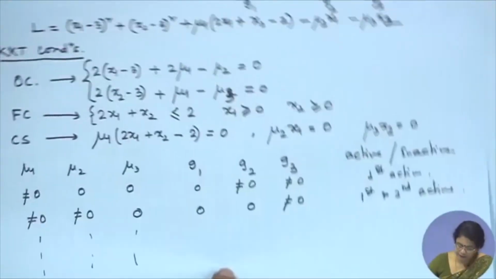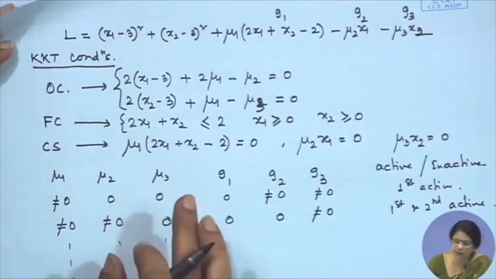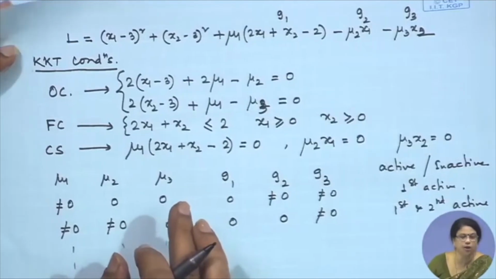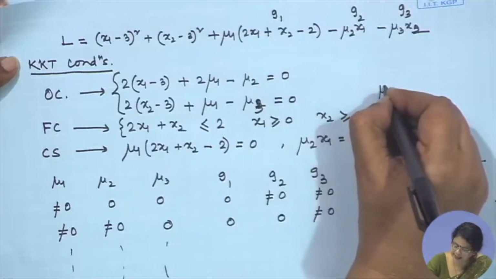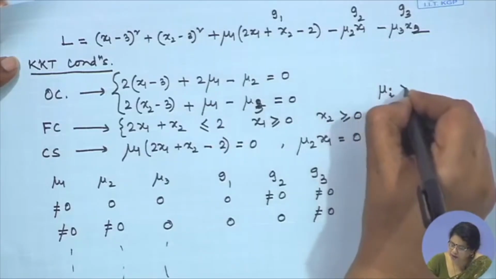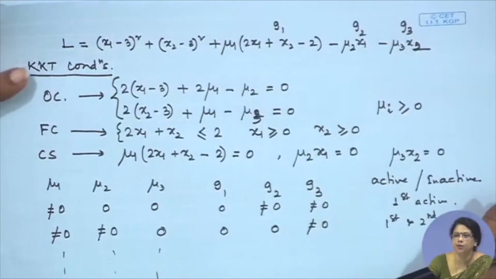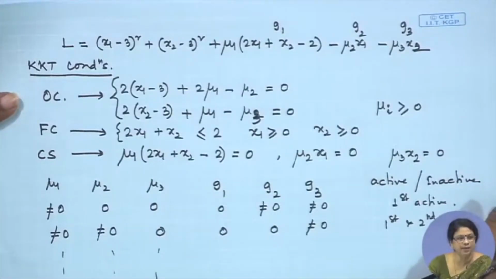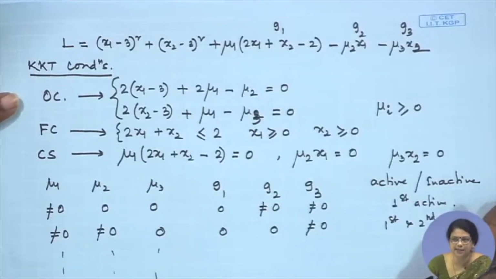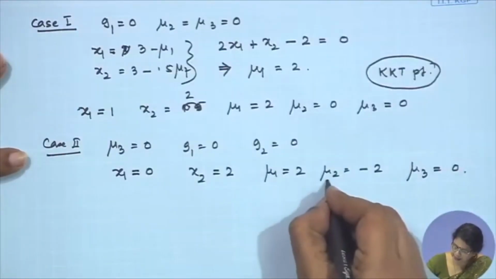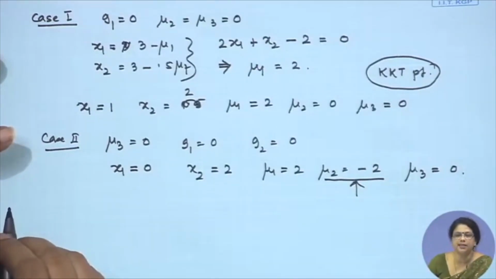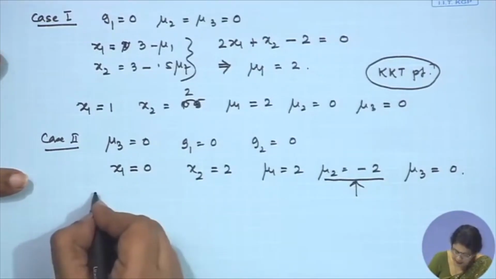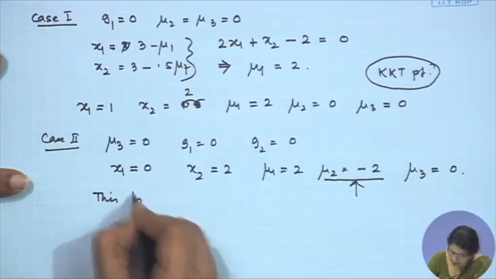This is a minimization problem, is it not? Here we missed one set of conditions, that mu i must be greater than or equal to 0. That is one of the KKT conditions, but for the second case we are getting mu2 negative. That is why the KKT conditions are not satisfied, and this is not a KKT point.